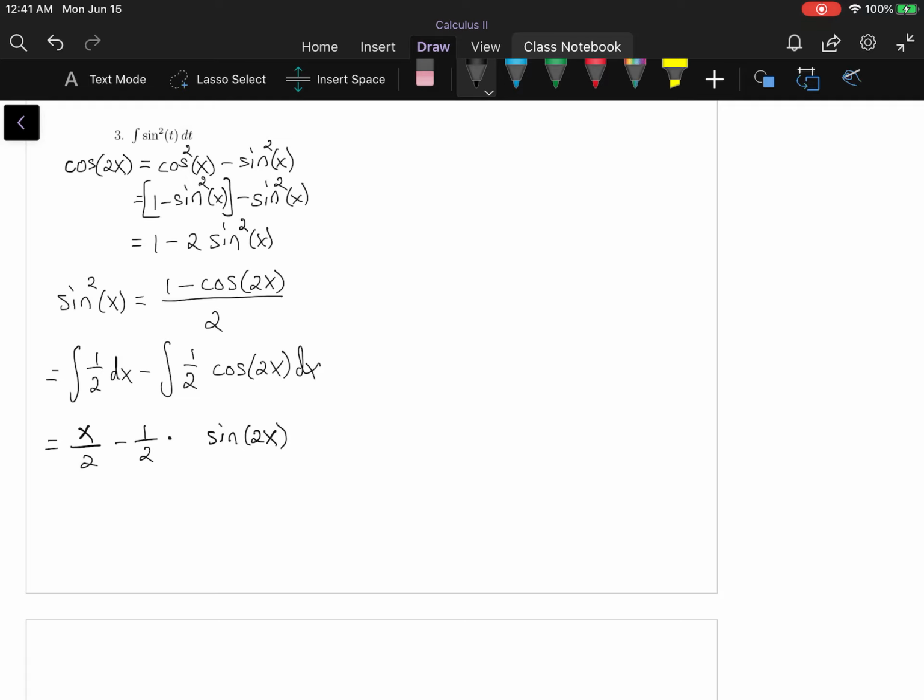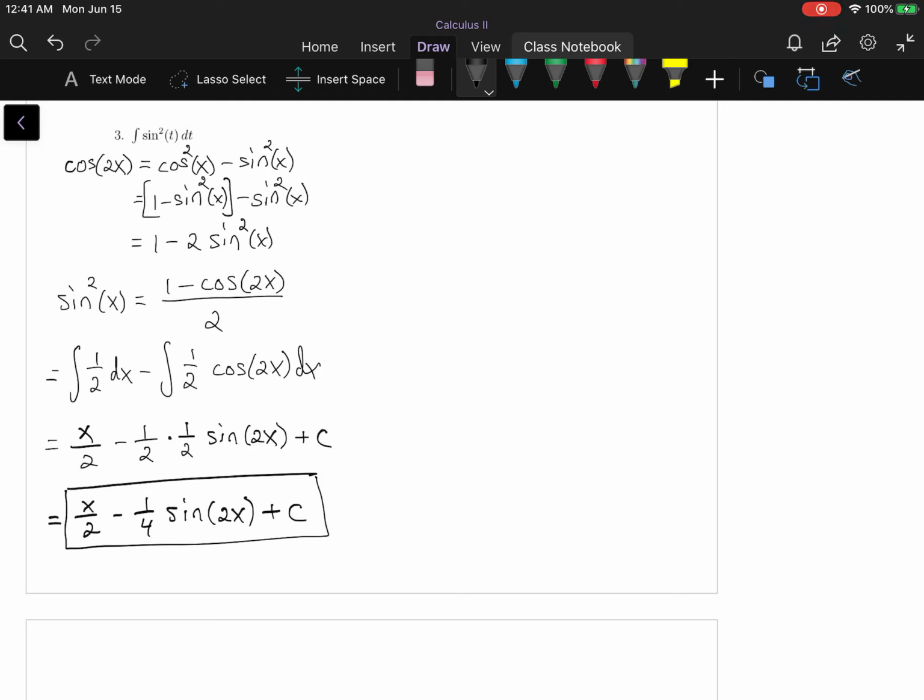So this is going to give me 2 cosine 2x, which I only want cosine 2x, which means I need to multiply by 1/2, which finally gets us to x over 2 minus 1/4 of sine 2x plus c. And so this one didn't require eventually using U substitution.